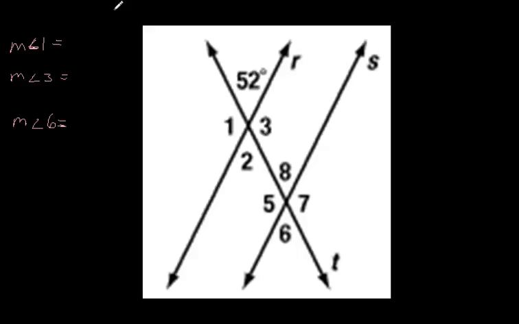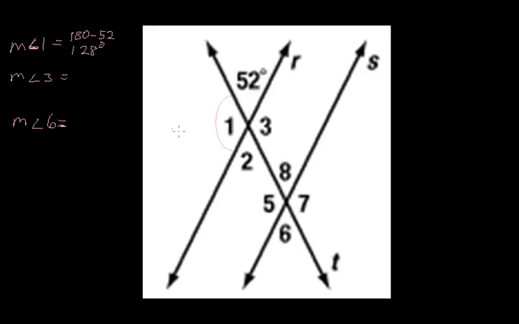To solve for angle 1, take 180 degrees, subtract 52. Well, 180 minus 50 is 130, so 180 minus 52 is 128 degrees. Cool. So the measure of angle 1 is 128 degrees.